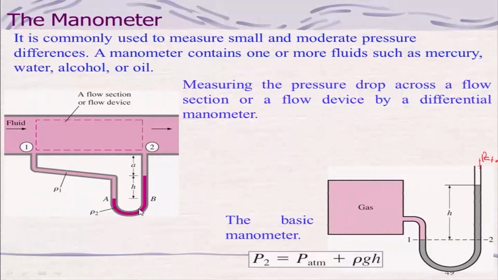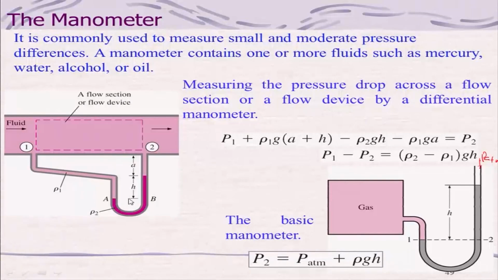And let us look at what we will have to calculate. If I look at this pressure P1 here, then what will be at this point? Pressure P1 plus rho 1, where rho 1 is the density of the flowing fluid, g, and A plus H, this is the height A, plus H at this point.